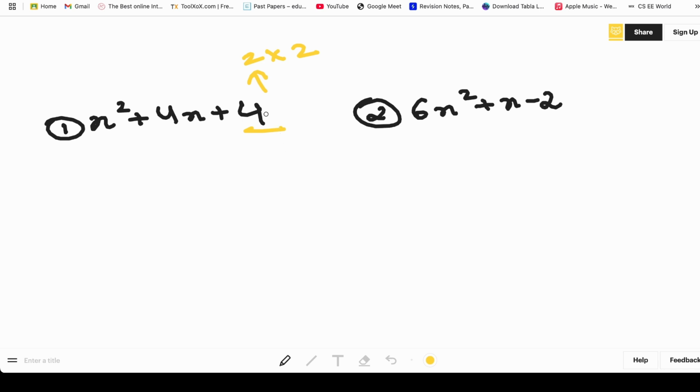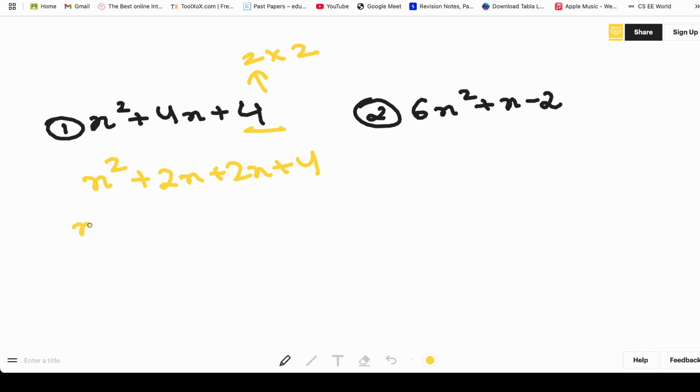These factors have to multiply to give us 4, but when we add them, it gives us 4x. Right now it's giving us 4. How can we get 4x? We'll write it as x squared plus 2x plus 2x. So 2 into 2 is giving us 4 and 2x plus 2x is giving us 4x. That is what essentially we need to do.